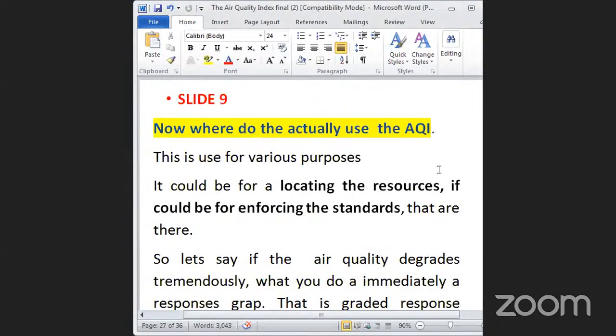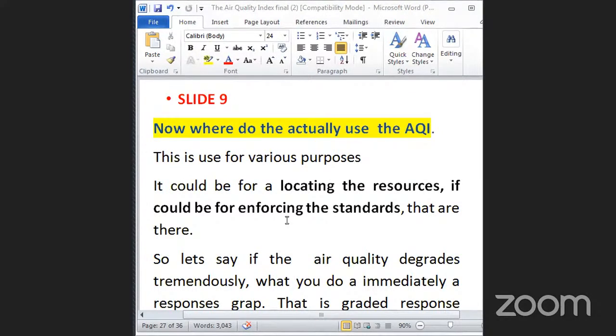And now, where is the air quality actually used? So this is used for various purposes, right? So it could be for allocating the resources. It could be for enforcing the standards that are there.